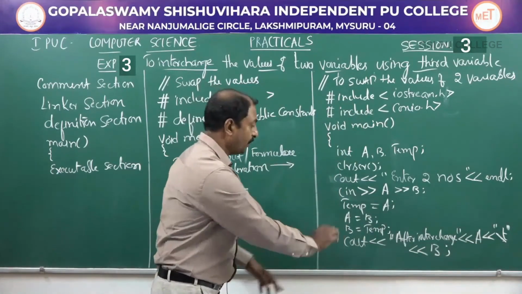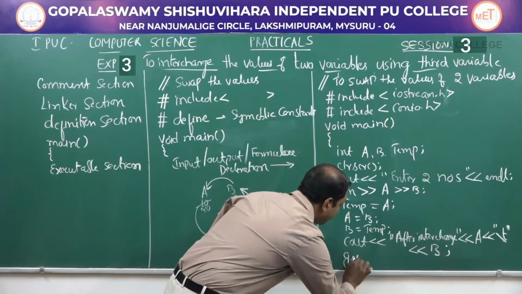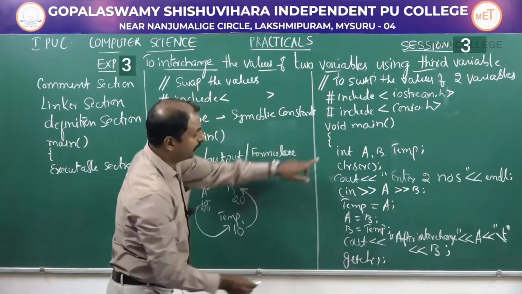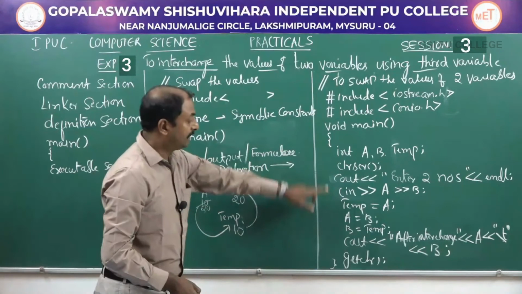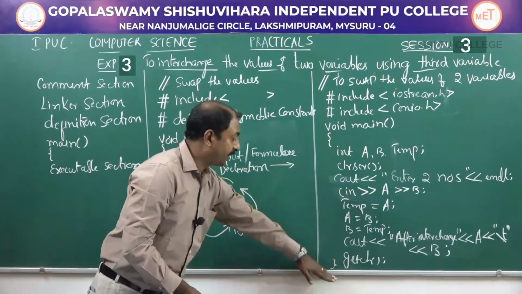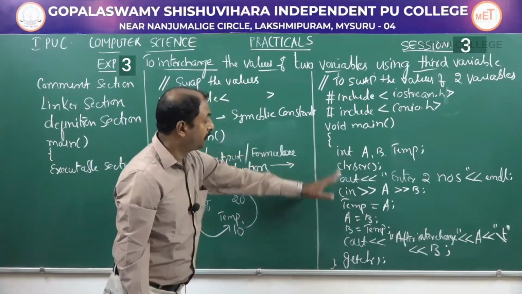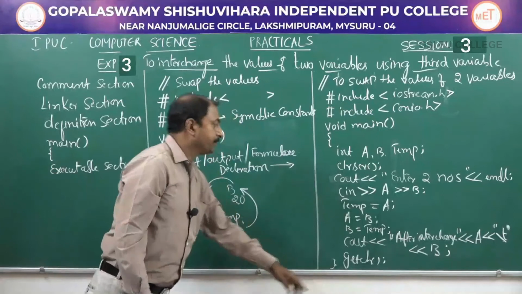After this we have to close the program with the getch function, semicolon. After this we have to close this curly bracket. So this is the executable section, or the programming statements. These statements will be executed one by one by the compiler.